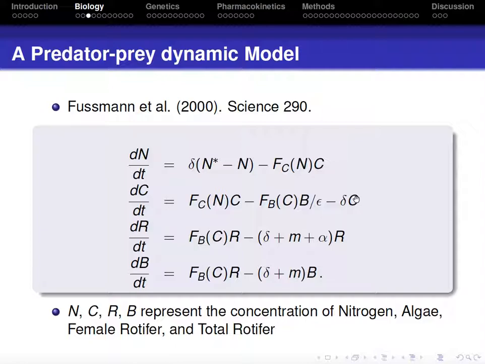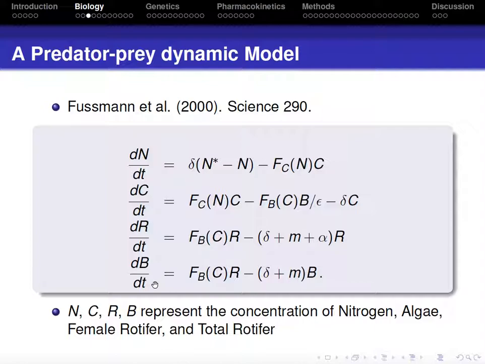Based on this system, Fussmann and his co-authors published an ordinary differential equation model in Science. In their ODE model, they have 4 variables: N, C, R, and B. N represents the concentration of nitrogen, which is the nutrient for this system, and the growth of algae depends on the concentration of nitrogen.